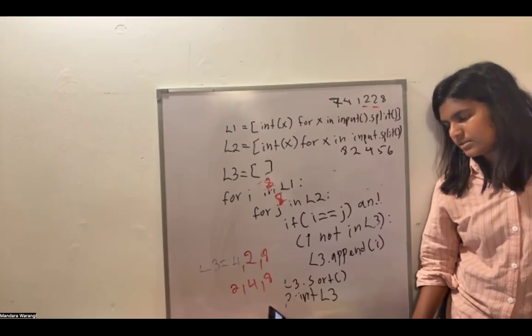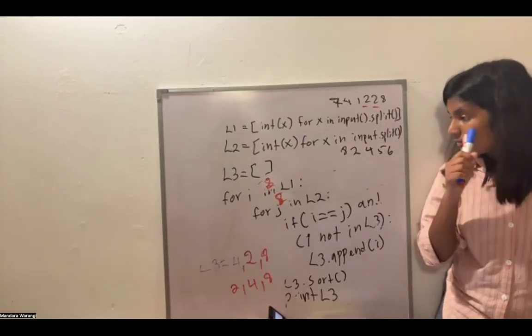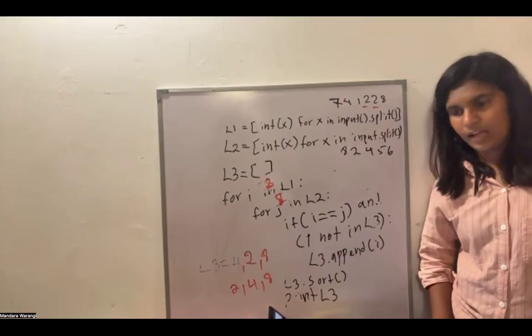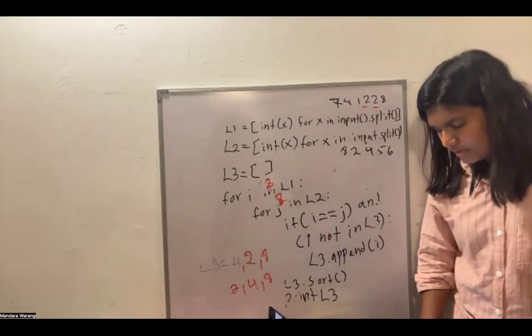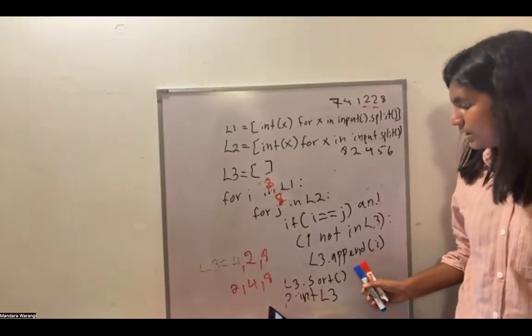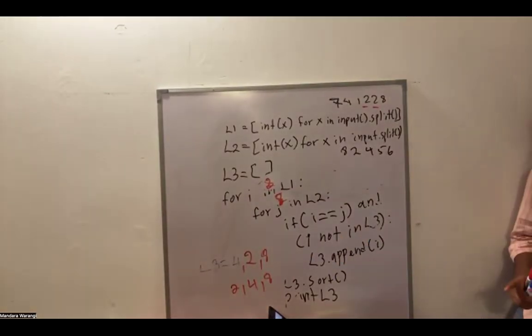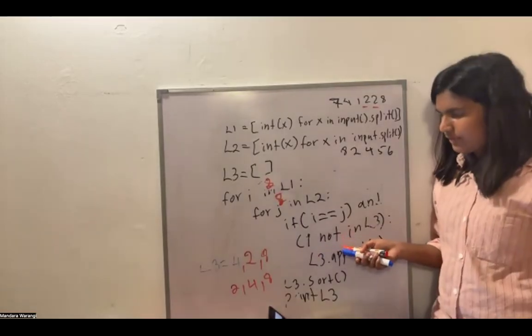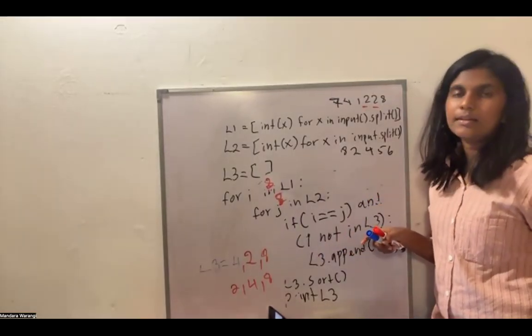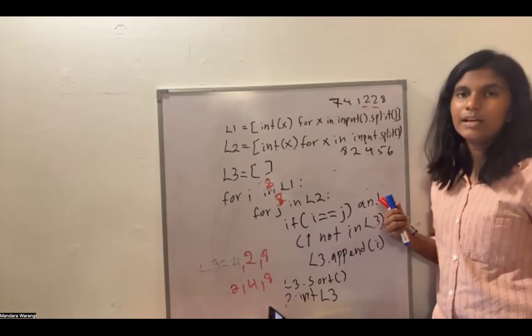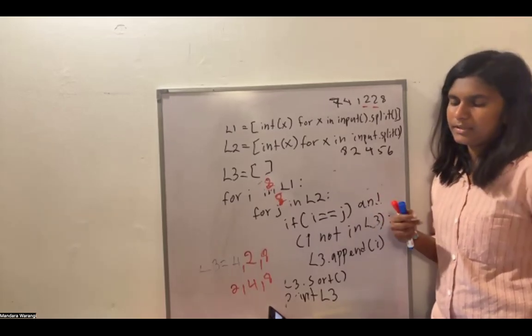The purpose of this algorithm is to check the similars in these two lists and only give each one once. No repetitions happen, because if i is in L3, it never happens again.